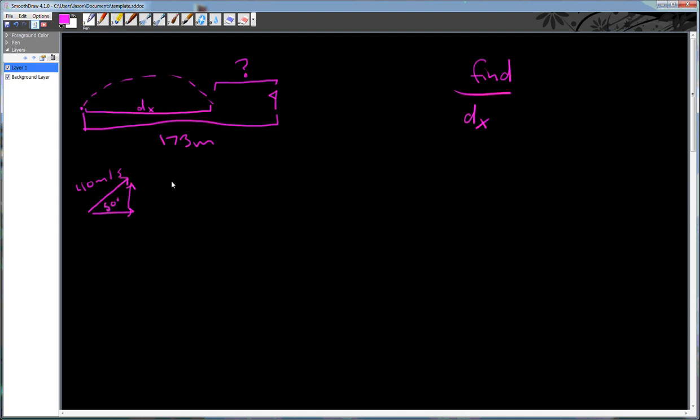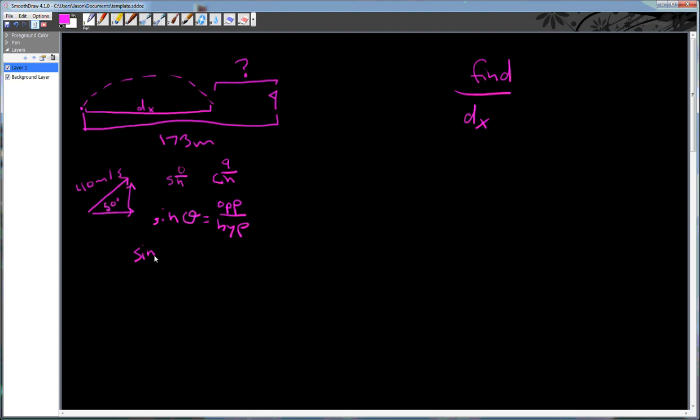So SOHCAHTOA, as per usual, sine of theta is equal to opposite over hypotenuse.